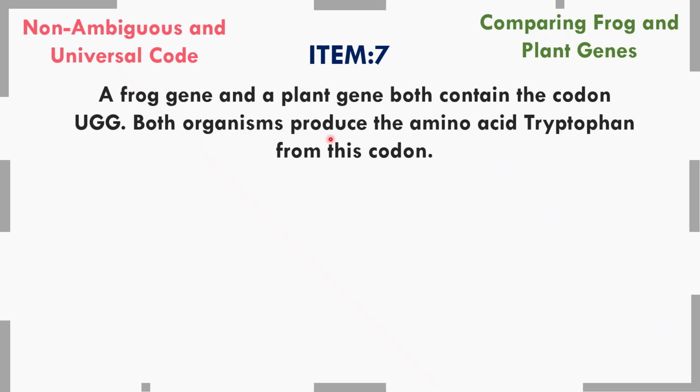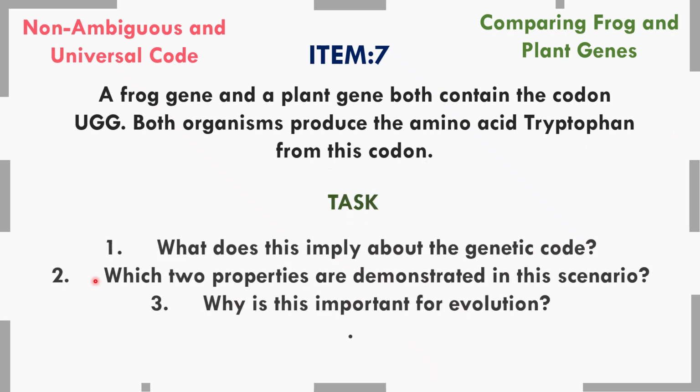Both organisms produce the amino acid tryptophan from this codon. Task. What does this imply about the genetic code? Which two properties are demonstrated in this scenario? Why is this important for evolution?